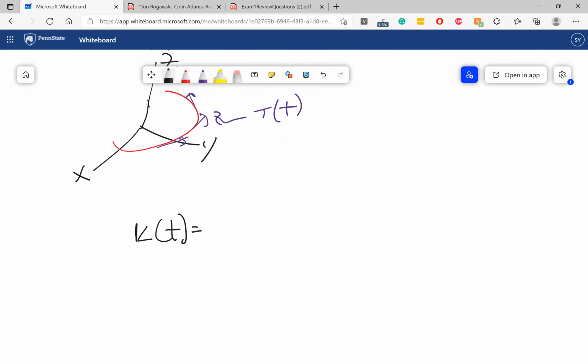So these curves are parameterized with time. But the curvature is a number, and that's going to be the magnitude of the change of this T over ds, so small changes on your curve. And this is your curvature.